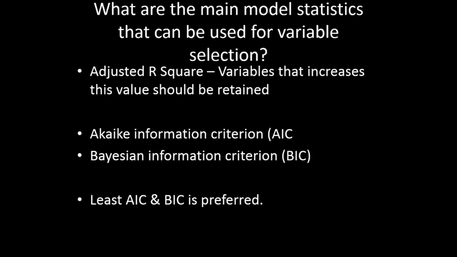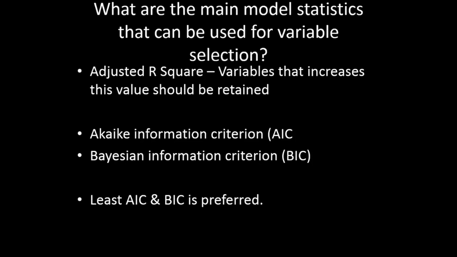But you can actually keep on taking different sets of variables and see where exactly AIC and BIC are least, and that set of variables is actually preferred, right? So these model statistics also help us in finding out the best set of variables for a particular model.